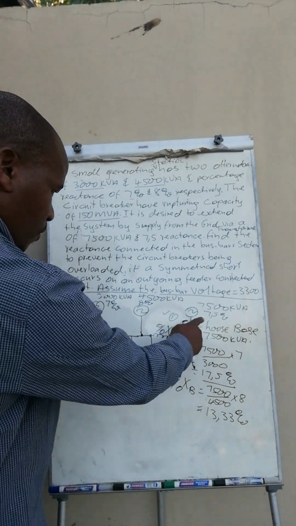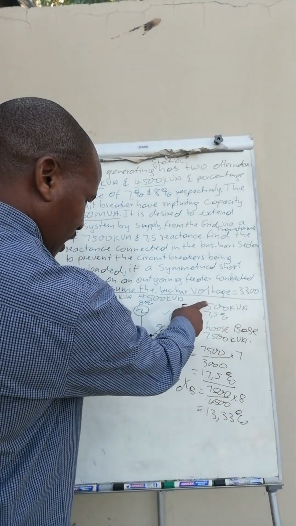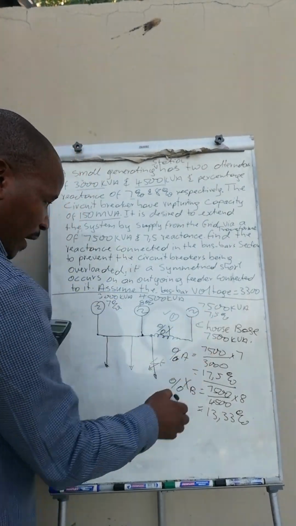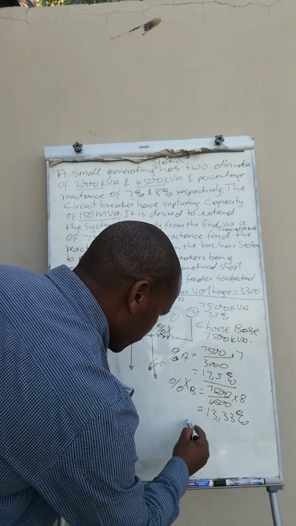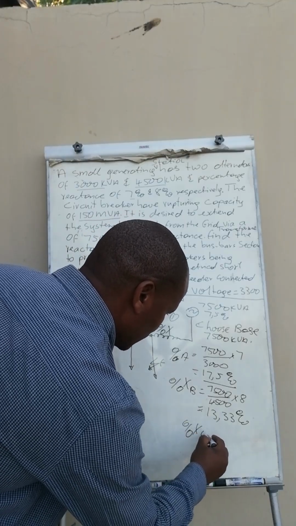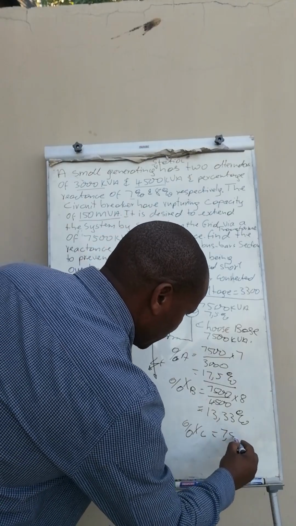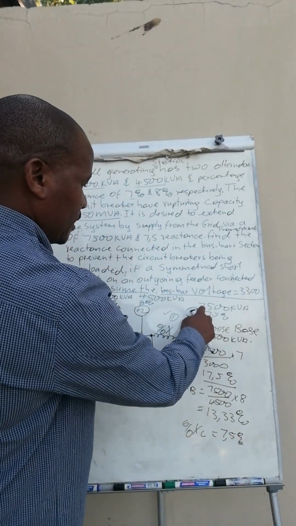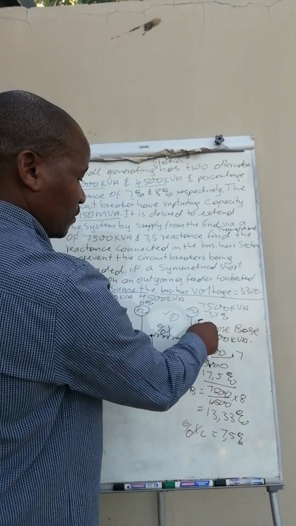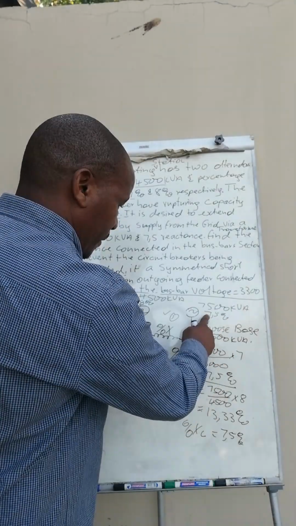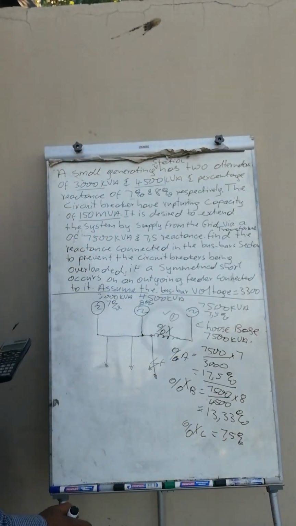All right, and then this one, percentage X_C, is equal to 7.5%. Why? 7,500 divided by 7,500 is 1, multiplied by 7.5. You'll get that one.